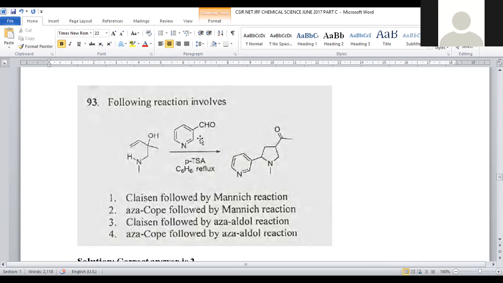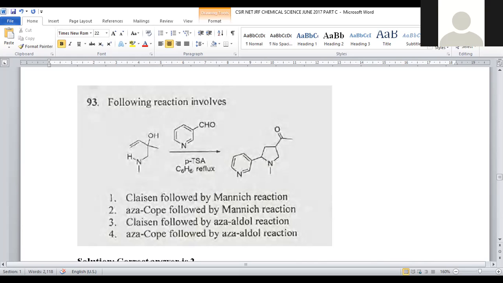Here the aldehyde present at the third position will be attached with the secondary amine, so that a saturated pyrrole, that means a pyrrolidine derivative, is generated. The alkyl group remains as such. So what happened? This entire group is attached here and it turned into a pyrrolidine derivative.